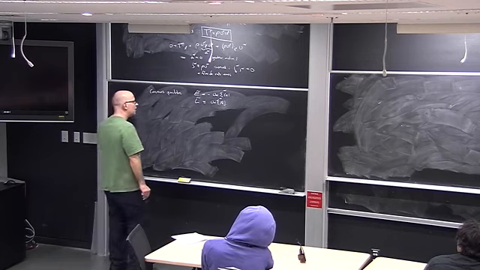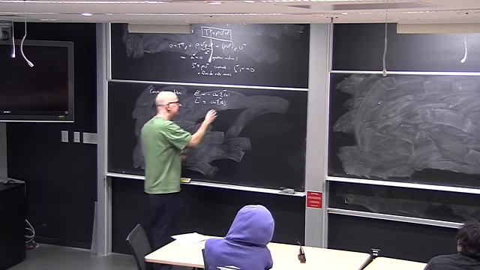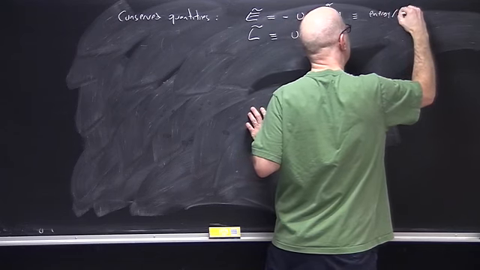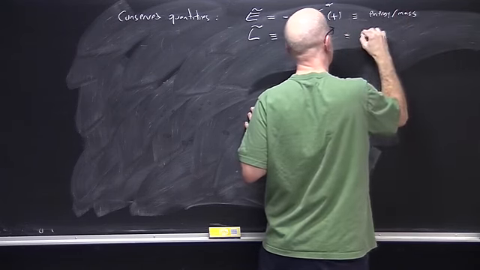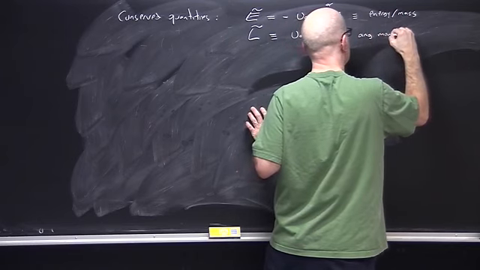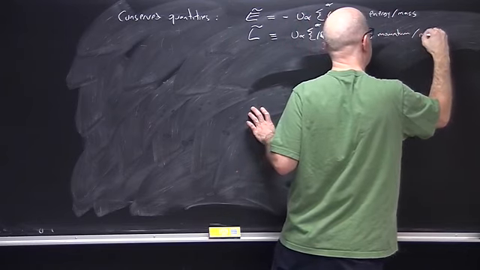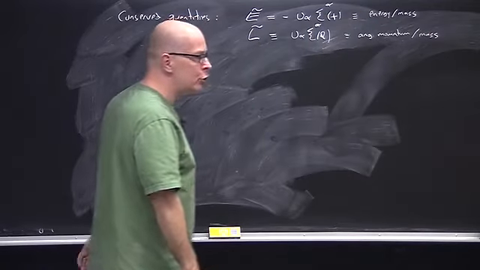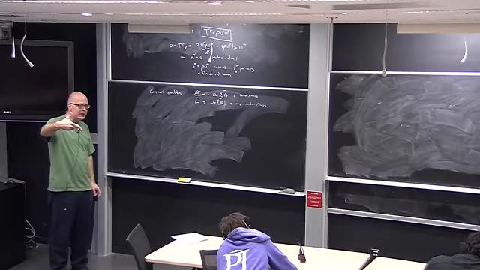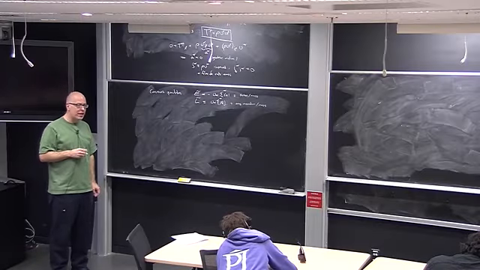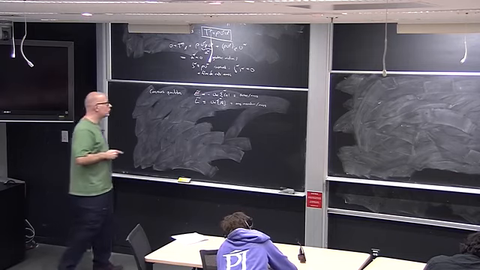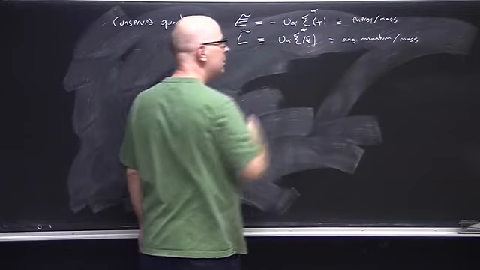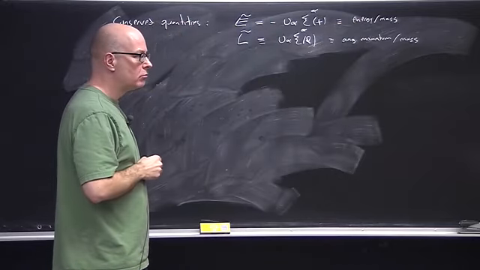Okay. This is the energy per unit rest mass. This is the angular momentum per unit rest mass. So if I want to combine these things into a vector that will describe the transfer, the flow of energy, what I have to do is to take the flux of rest mass, multiply by energy per rest mass, and I get a flux of energy.